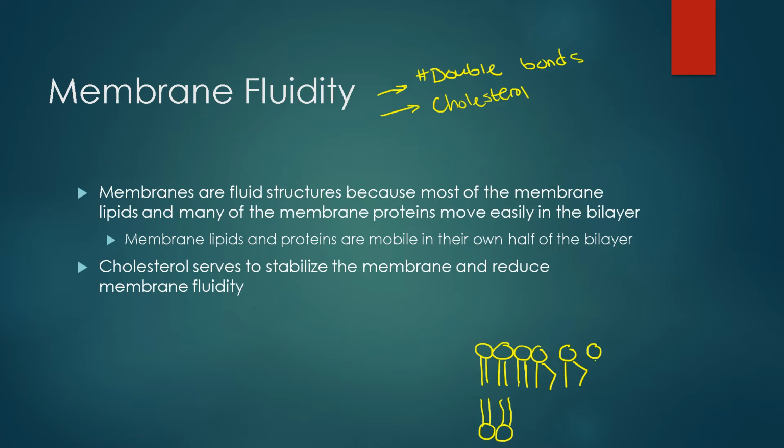And then especially if we have another kink here, and a kink on this side, it's getting to be really chaotic, and they can't pack very tightly together. So when we can't pack them very tight, then they are further apart from each other, and that really increases that membrane fluidity.